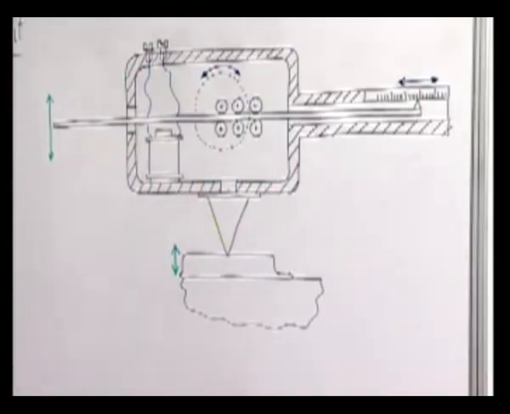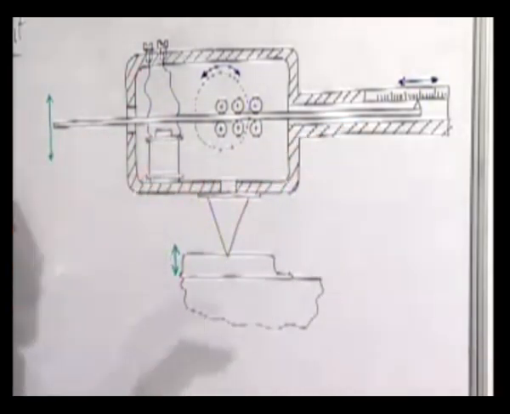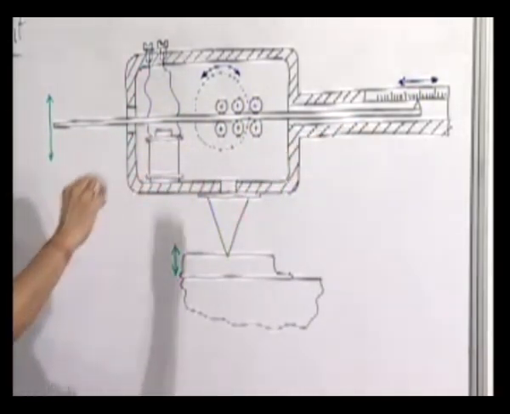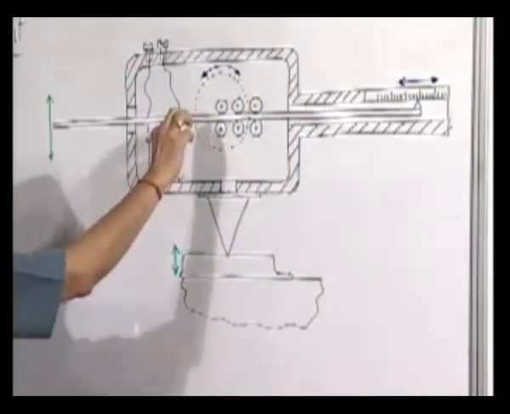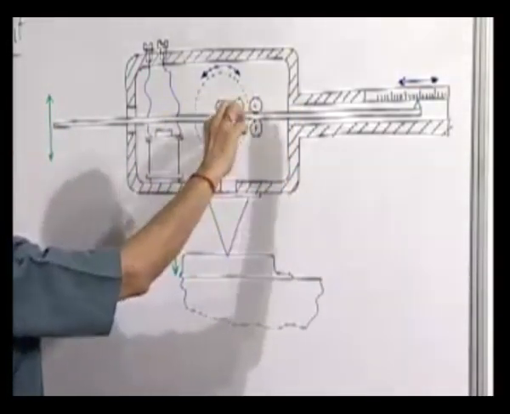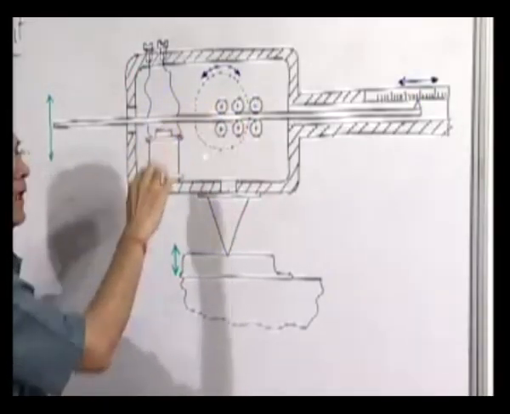A very simple arrangement. This is a uniform steel scale kind of thing, which is supported by a series of rollers. That means this end may be considered equivalent to a fixed end, a cantilever end, because the slope and displacement both will be 0 here.